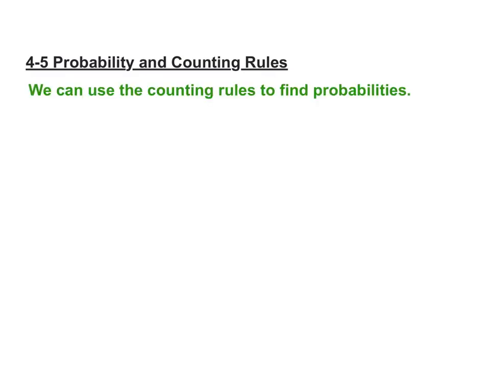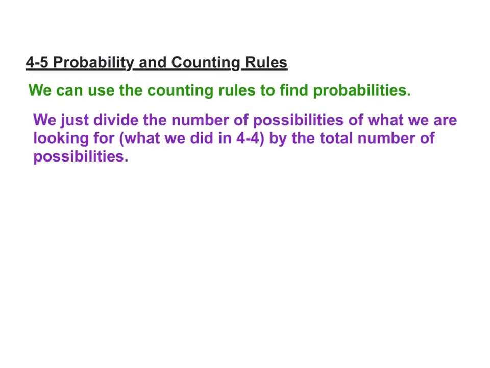First, we're going to use the same counting rules to find probabilities that we just did. We're just going to divide the number of possibilities of what we are looking for, what we did in 4.4, by the total number of possibilities. So the same general framework that we use to find any probability is the number of ways the event can occur divided by the total number of possibilities.